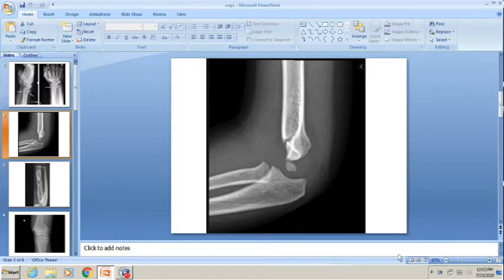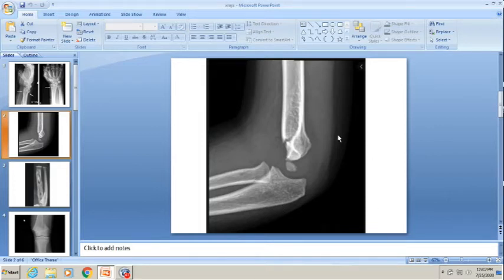So what is the 3-point bony relationship? What is the significance of the 3-point bony relationship in supracondylar humerus fracture? Sir, the 3-point bony relationship is intact in supracondylar humerus fracture. It is formed by which 3 points?